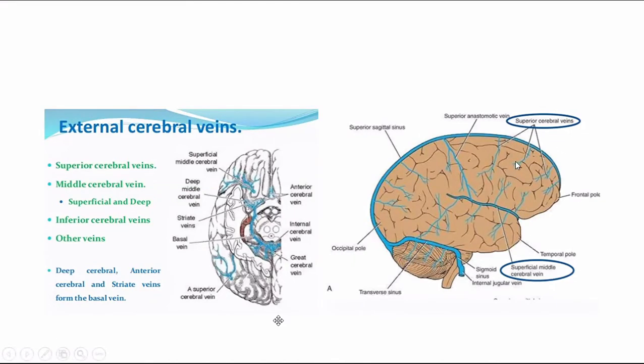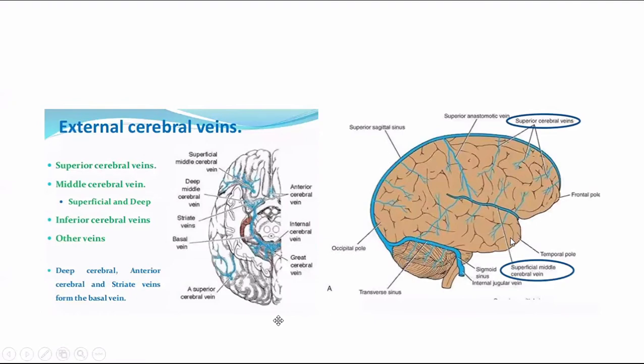We have here your superior cerebral vein, which passes over the lateral surface of the cerebral hemisphere. It supplies the upper 2-3 cm of the lateral surface, and eventually drains into the superior sagittal sinus. Superior cerebral veins drain into the superior sagittal sinus.